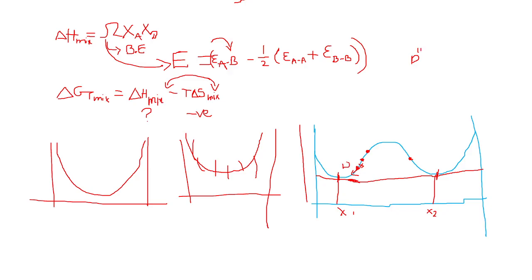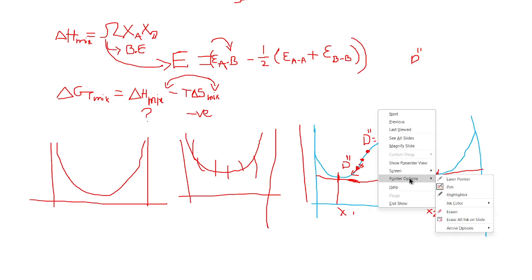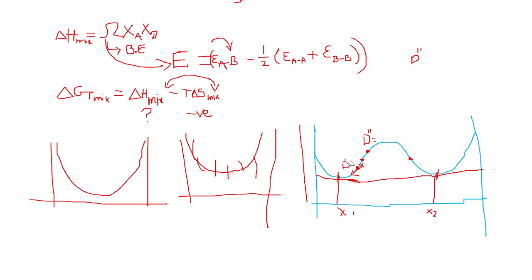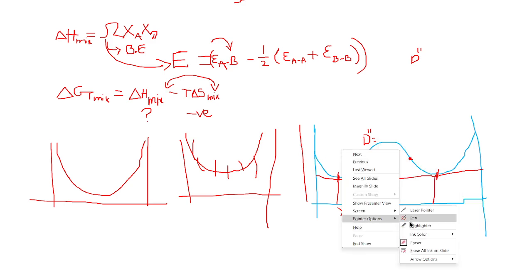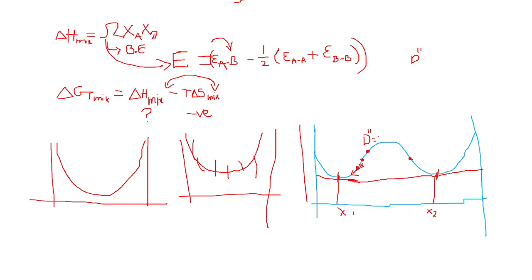So here my double derivative, and here, here my double derivative is negative. And here, at this point, my double derivative is positive.